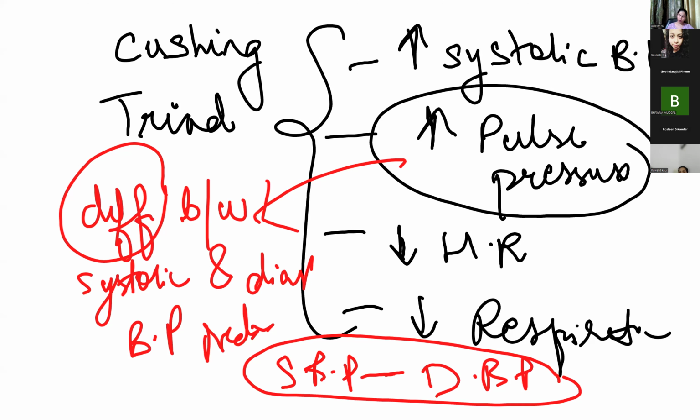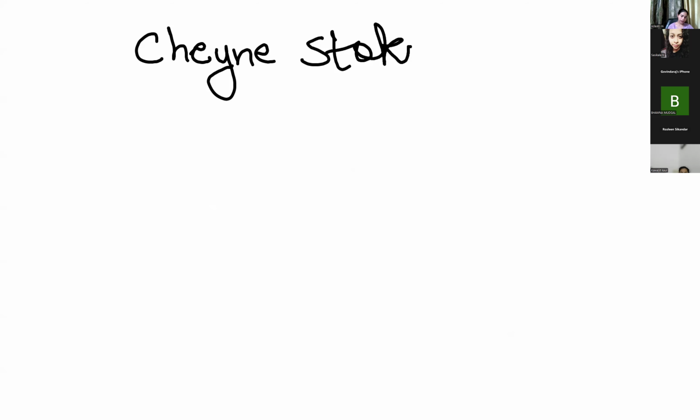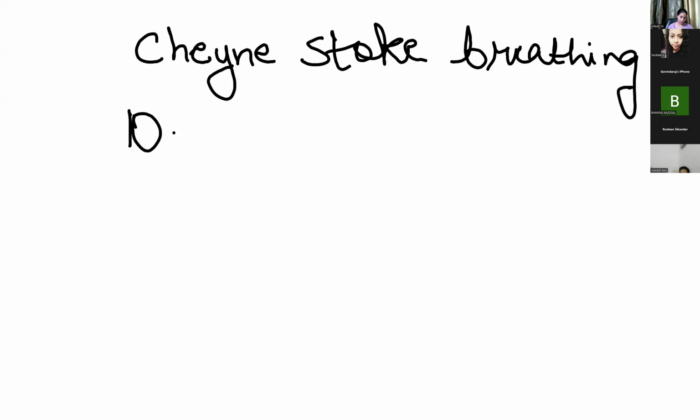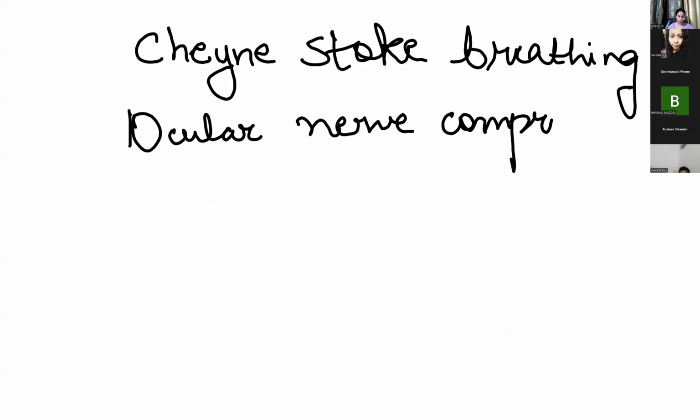So there are a few other things which will happen. Let me write it down for you. There will be different types of respiration. So you can write these names, write and highlight them.